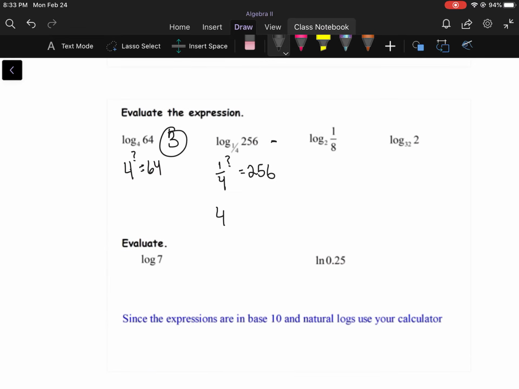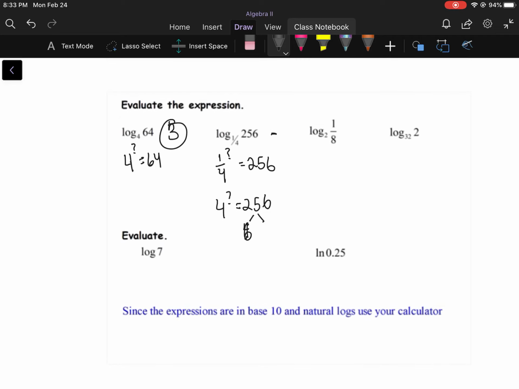So then it's 4 to what power gives me 256, and I believe that's, if I break this down, 256 goes into 25, 4 times, so 6, 16, just kidding.